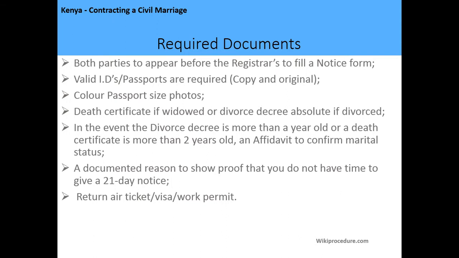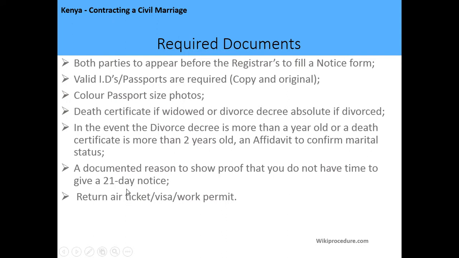And a document to show proof that you have no time to wait for the 21-day notice. This is if you want to get married before the lapse of the 21-day period, which is required as notice before you get married.